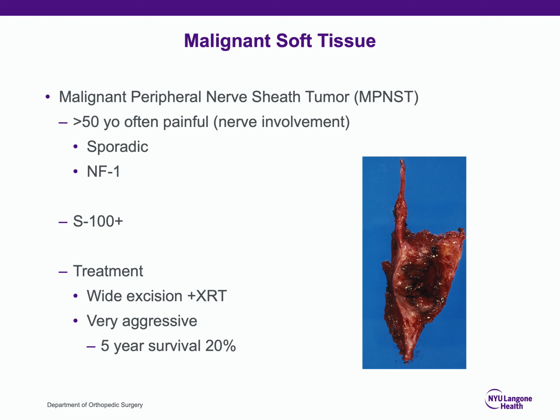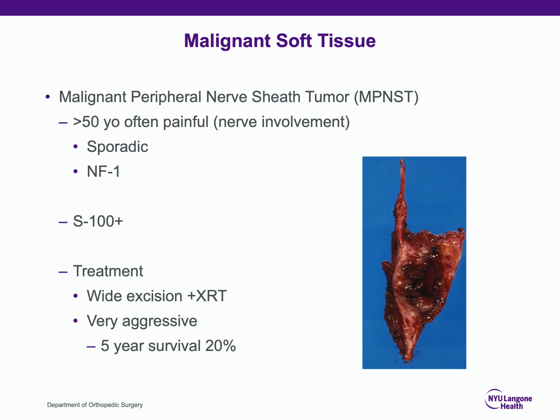So MPNSTs, known as malignant peripheral nerve sheath tumors, are usually soft tissue sarcomas in somewhat older individuals. Obviously, by the name, they're going to involve some sort of peripheral nerve. It doesn't have to be a named major peripheral nerve; it could be a smaller nerve. These are sporadic, except in the case of neurofibromatosis, which we talked about in the last talk.